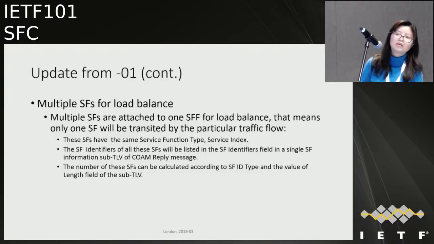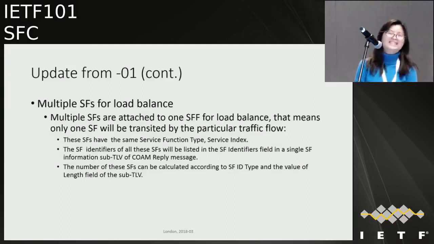So there might be two cases. One is that I just want to know what are the SF instances that are behind you. The other is that I have this flow and I'm trying to figure out where it is going, and you're the one doing the hashing, for example. So maybe you should return that SF instance with a subtype. I wasn't sure if you covered that case too. This seems to relate closely to a question she has on the next slide. Okay, sorry. All right. Yeah. Okay, that's good.